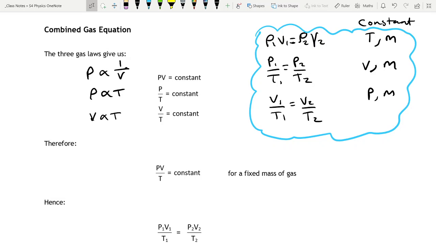Luckily, you don't really need to remember all of those equations because the combined gas law puts them all in one equation and it's easy to use.